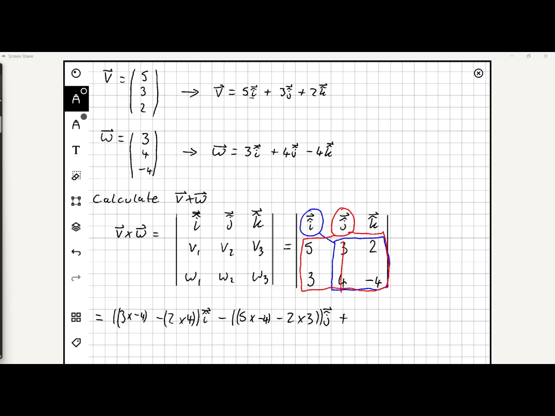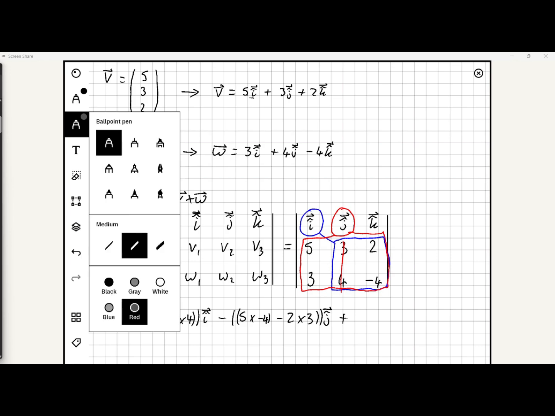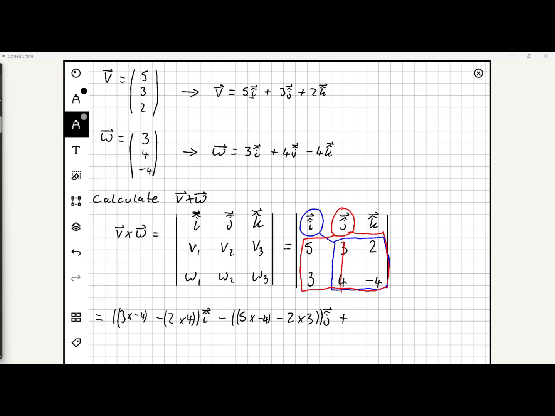Then finally we have plus, and we do our k, which will be this bottom left one. Hopefully it doesn't get too messy.